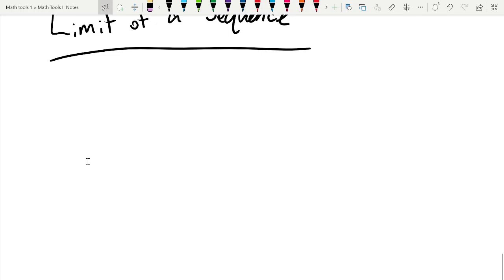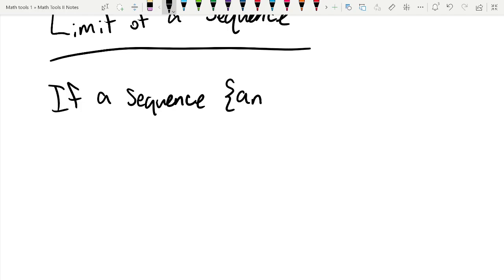So if we say sequence a sub n, and we might just write it like this, we might not put the bounds on there if it's clear from the context.